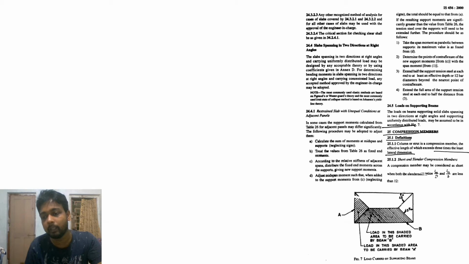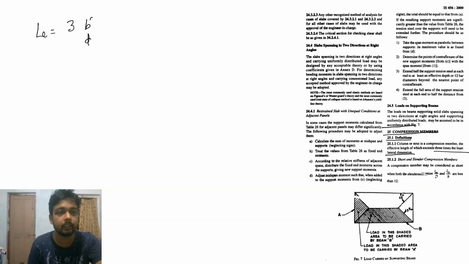The effective length, that means L effective, is 3 times either B or D, whichever is the least lateral dimension. Suppose B is 100 mm and D is say 300 mm.